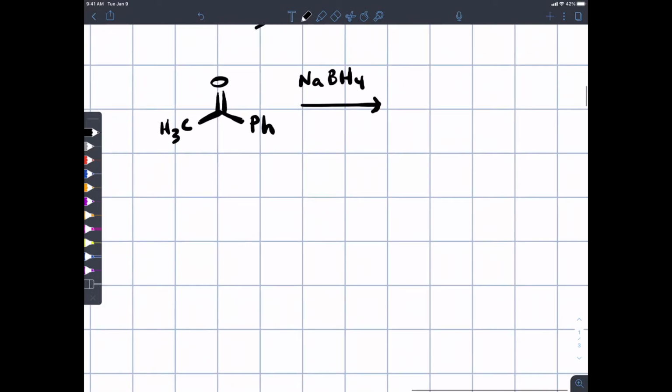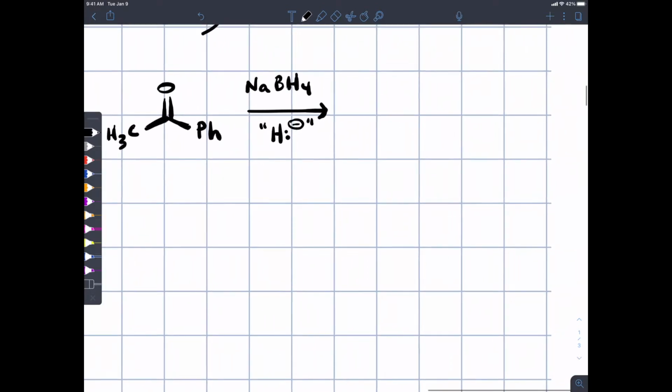So just to answer that question, let's imagine a specific situation. Here is a ketone. Let's put a benzene ring there. And we will use a reducing reagent. This is sodium borohydride. Don't worry about the mechanism yet. We'll deal with that, but just realize that this is a molecule that can add H- to a carbonyl compound.